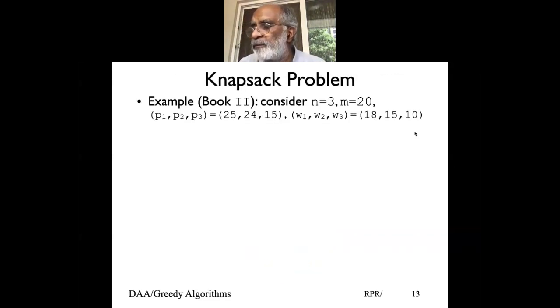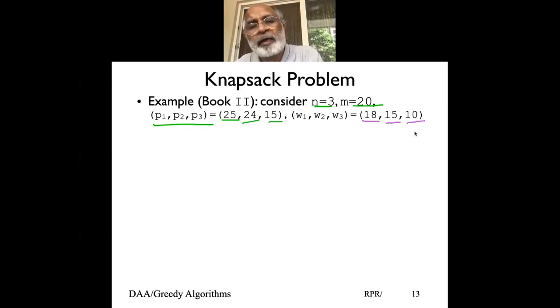So let's look at this precisely, taking an example from the book. In the example from the book, there are 3 objects given and my capacity is 20. Profit per object is 25, 24 and 15, and weight per object is 18, 15 and 10.